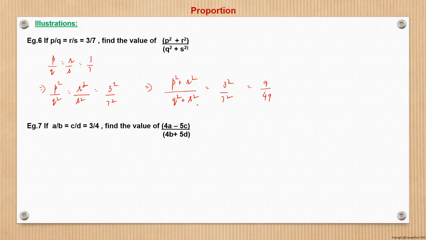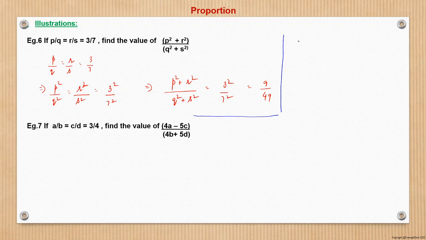Or if we want to go by the conventional approach, which may be a bit time consuming, this we did not write here, I have noted it just for the sake of understanding. Otherwise it simply clicks that this is the same. Here also it's p square q square, here also it's r square s square.